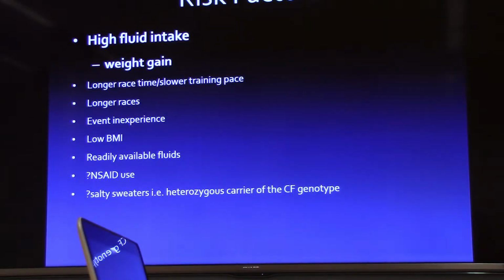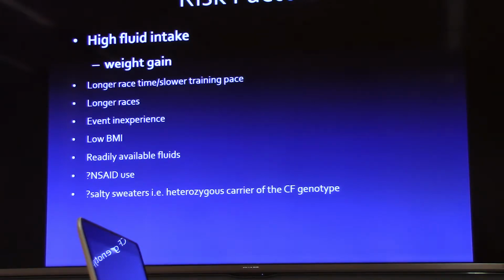So the number one risk factor for hyponatremia in exercise is persistent, sustained fluid intake that is in excess of thirst, leading to weight gain or weight maintenance. And as I mentioned earlier, this is a type that is often associated with symptoms.